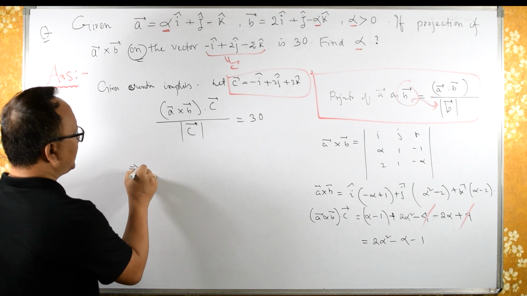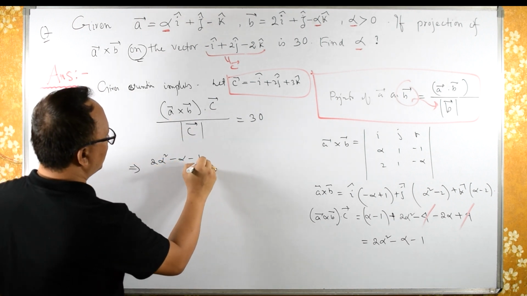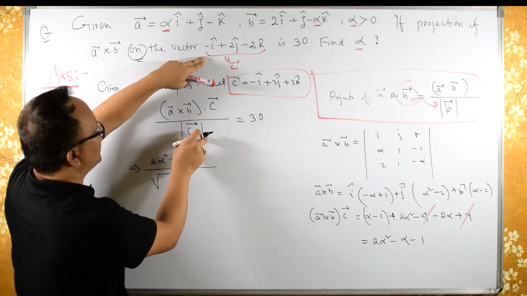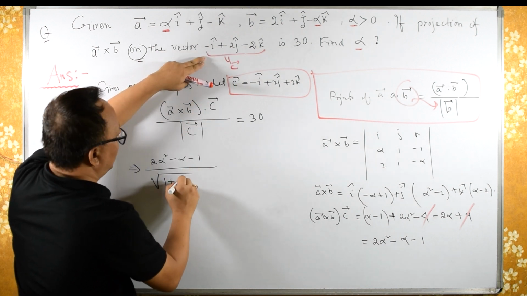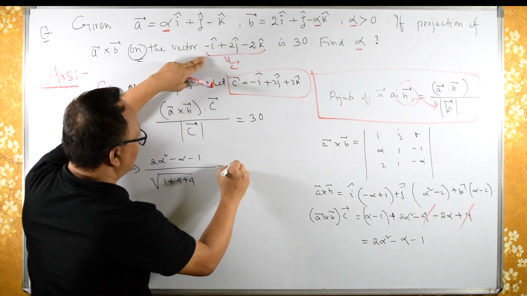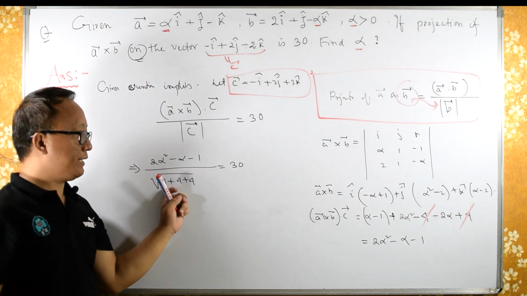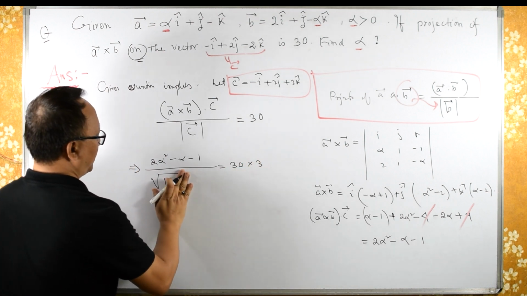So this implies 2 alpha square minus alpha minus 1 upon the square root of mod of c, which is 1 square plus 2 square plus 2 square, is equal to 30. So now here 4 plus 4 is 8, 8 plus 1 is 9. Square root of 9 is 3. So let's multiply over here into 3.